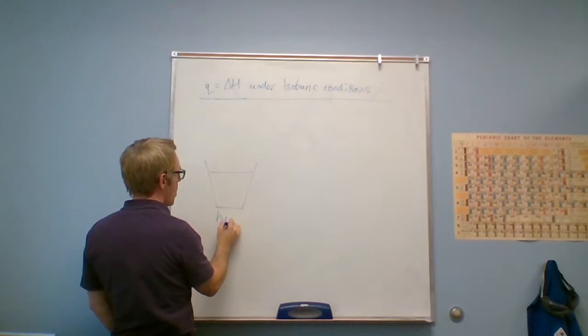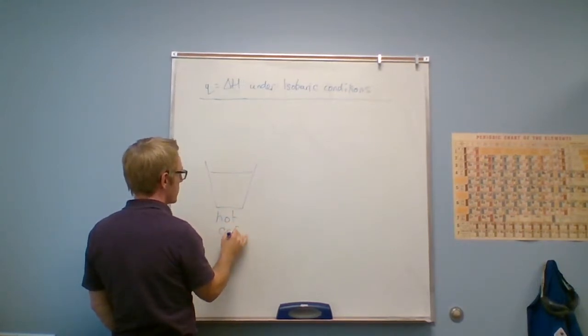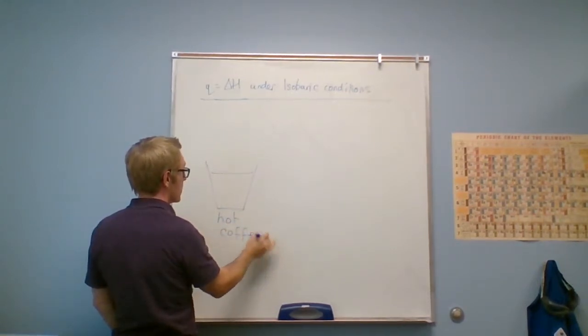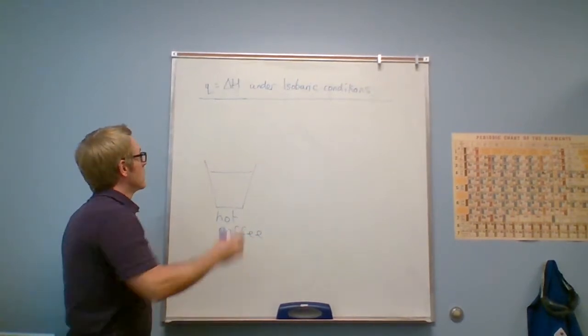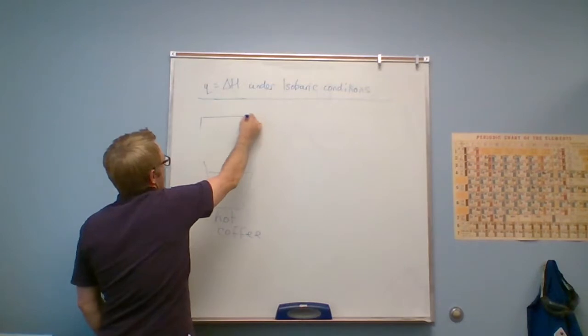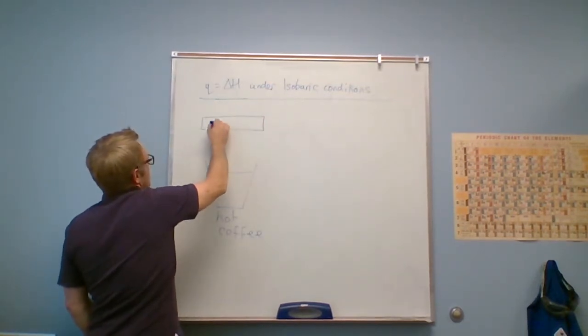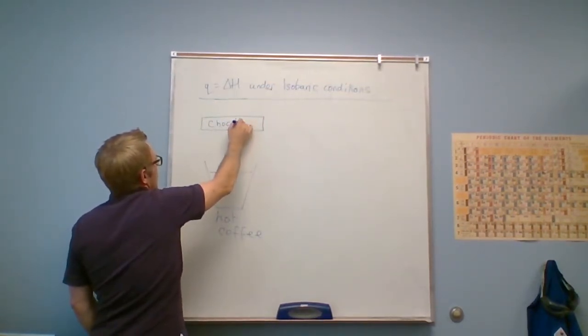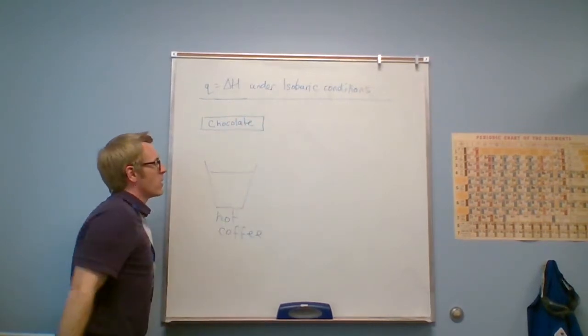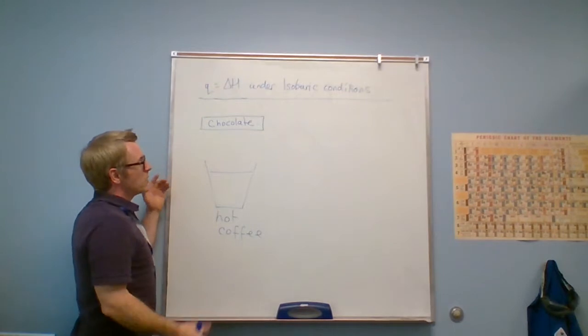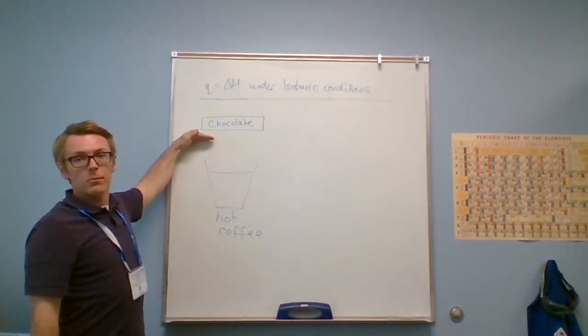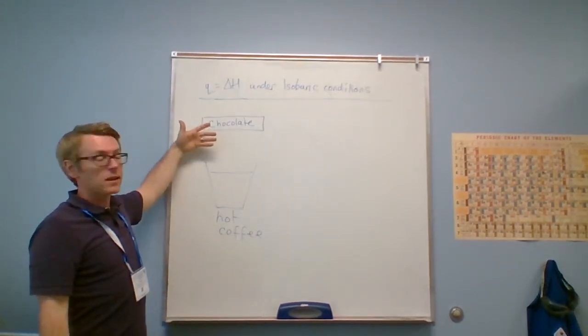Let's say this is a hot cup of coffee, and let's say I have a chocolate bar right above my hot cup of coffee. You might notice in the real world that the chocolate bar looks like it's melting.